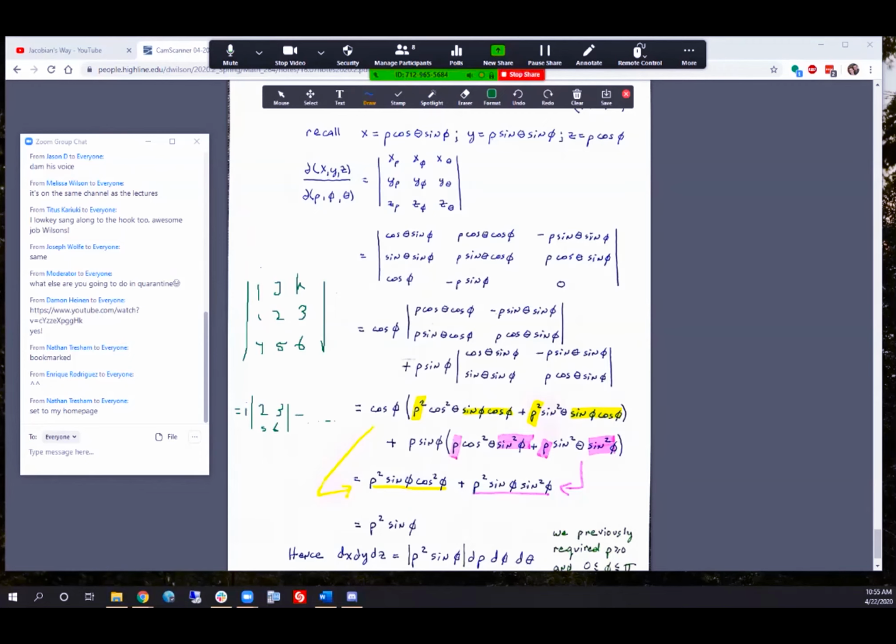And interestingly enough, you can expand that out over any row or column. We always do it here, but you could have just as easily done it there if you wanted, as long as you get your signs right.